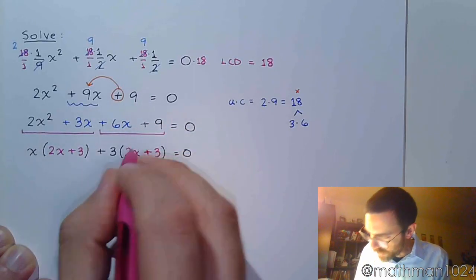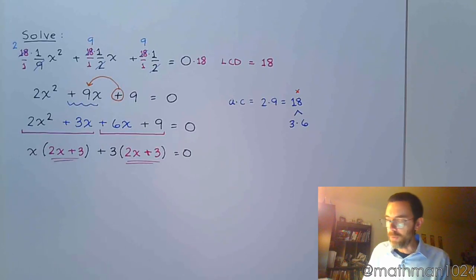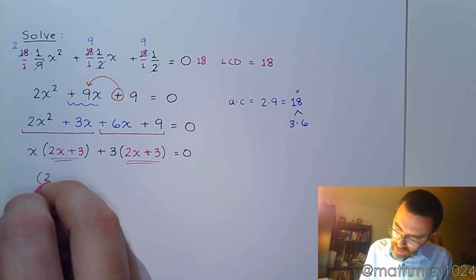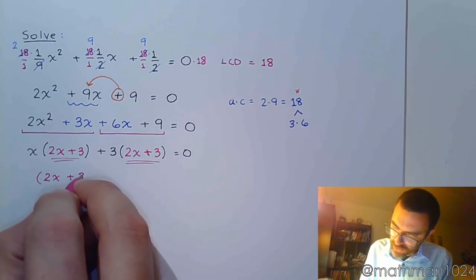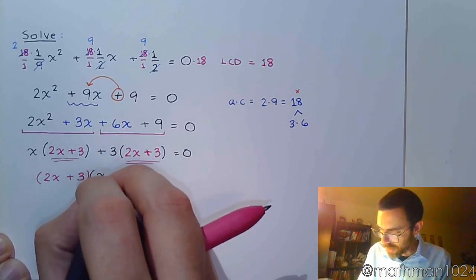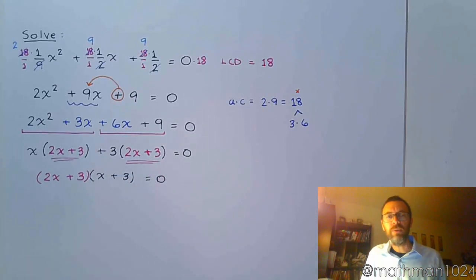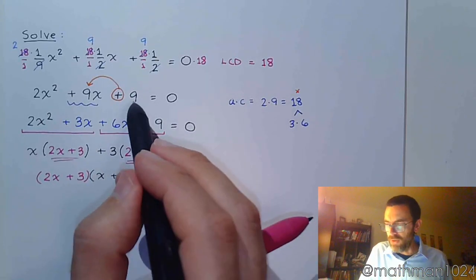And you'll see here that these guys are exactly the same. That's the whole purpose of doing factoring by grouping. So we have 2x plus 3 times x plus 3, and take the time to FOIL everything back out to check that it does give you this equation.